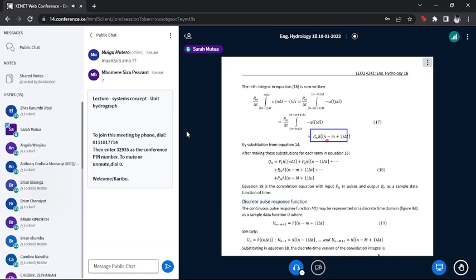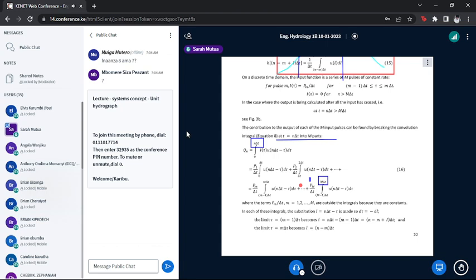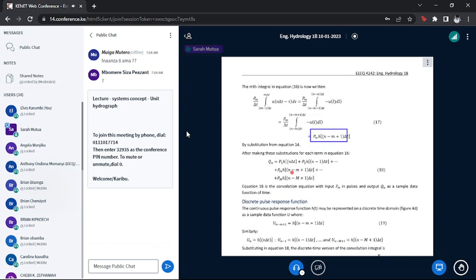So if you substitute this general equation into the previous equation, then you end up with this expression for Qn.